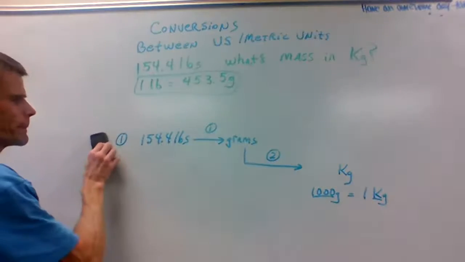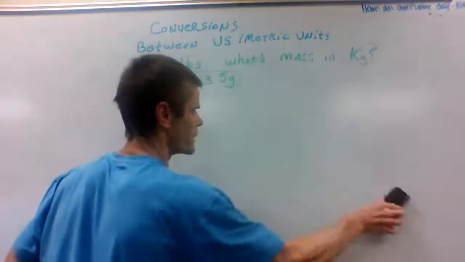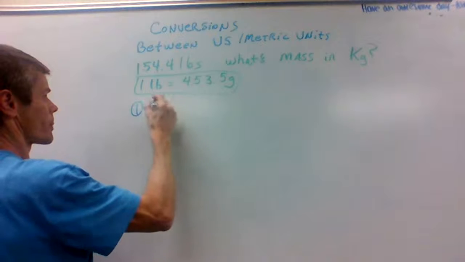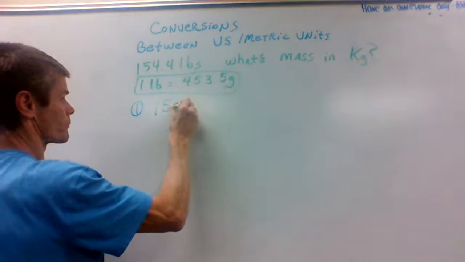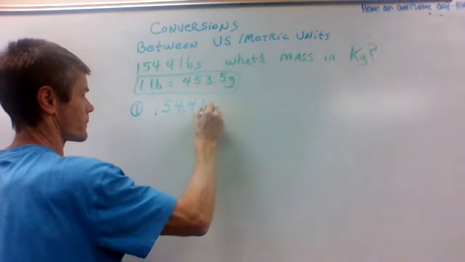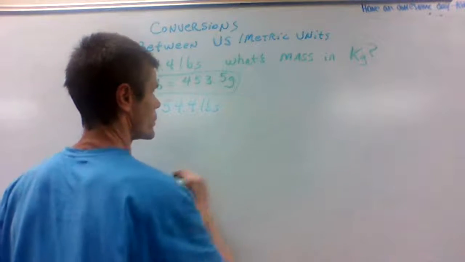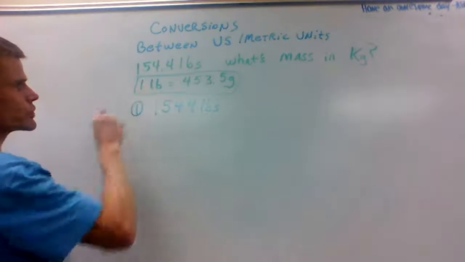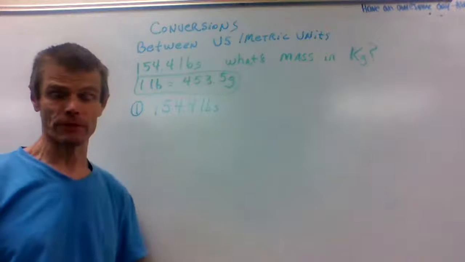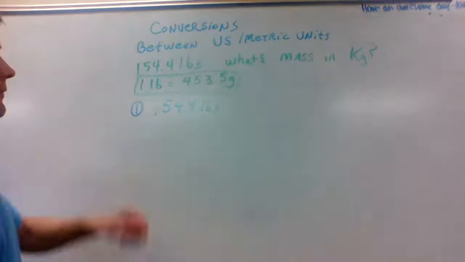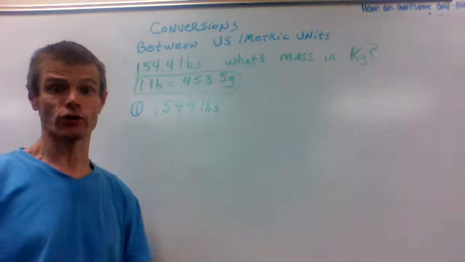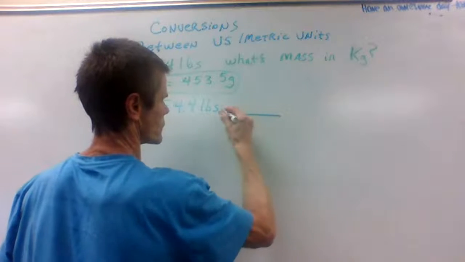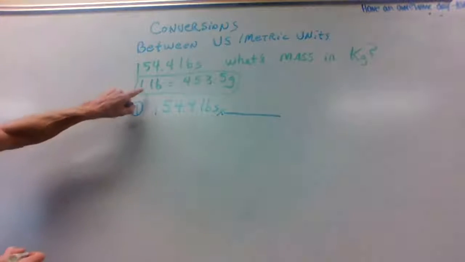Let's begin with our first step and convert our weight in pounds to mass in grams. Okay, in this step, we're going to use a conversion factor. We're going to use this relationship between pounds and grams as a conversion factor for our first step. Remember how we use conversion factors. We use them as ratios with the unit that's given in the denominator.